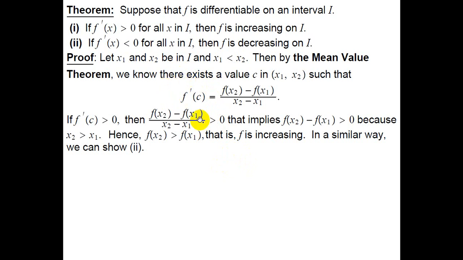We can determine the slope of any function f of x by f of x2 minus f of x1 divided by that interval. So this is the rate of change of a particular function. This f prime c defines the rate of change of the function f of x at c.